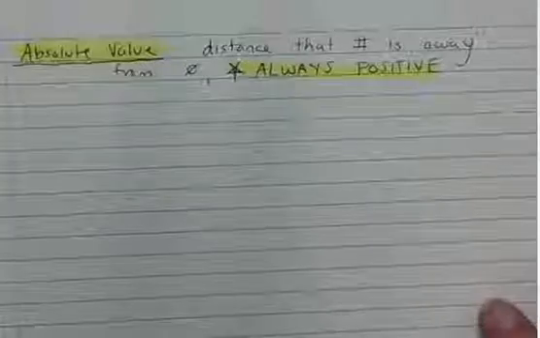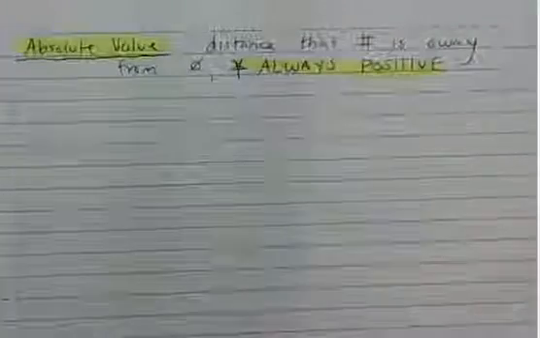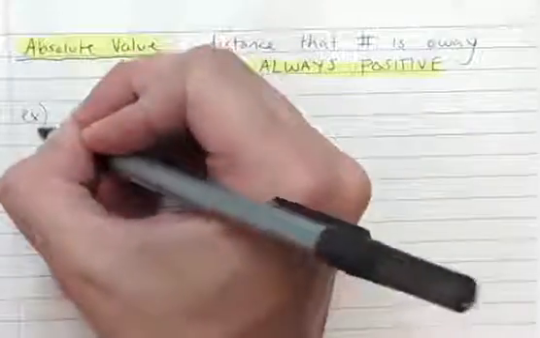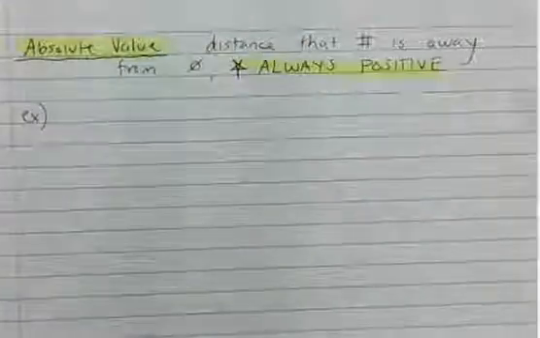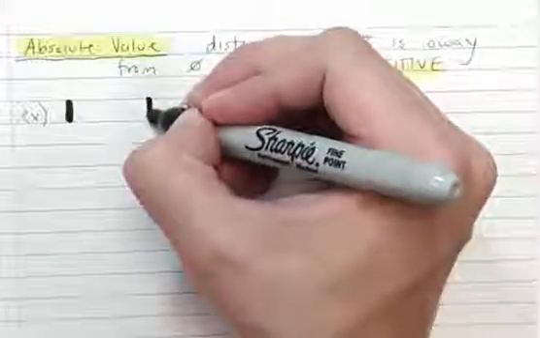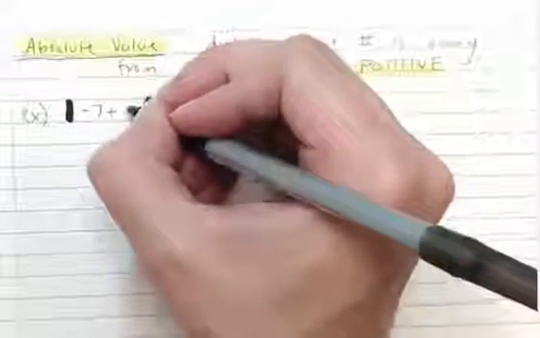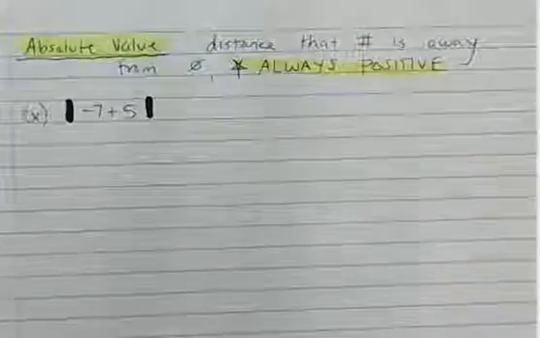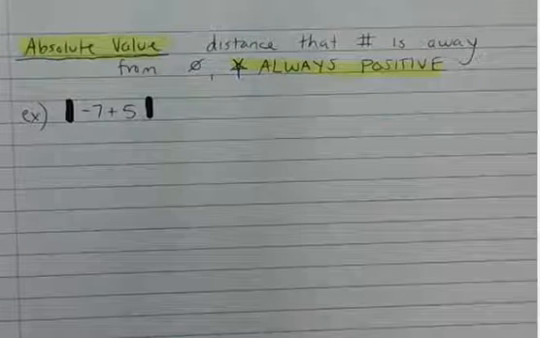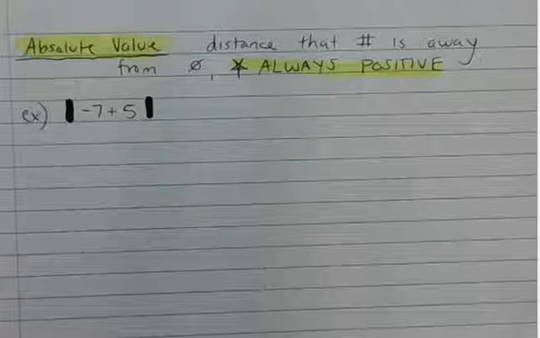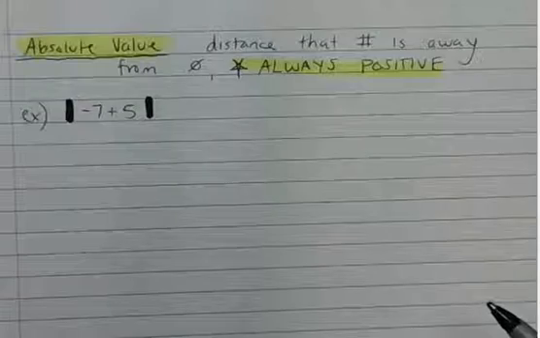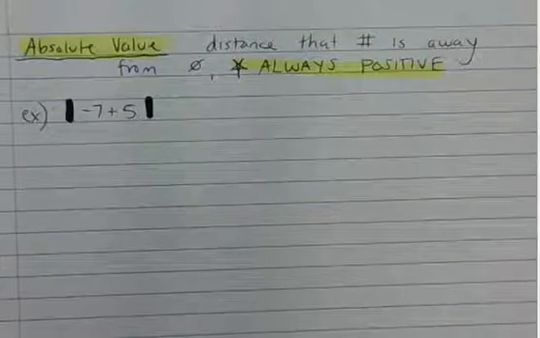Okay, so let's take a look at some examples. Let's take the absolute value of -7 plus 5. Again, absolute value bars are considered grouping symbols, so I need to simplify what's inside.